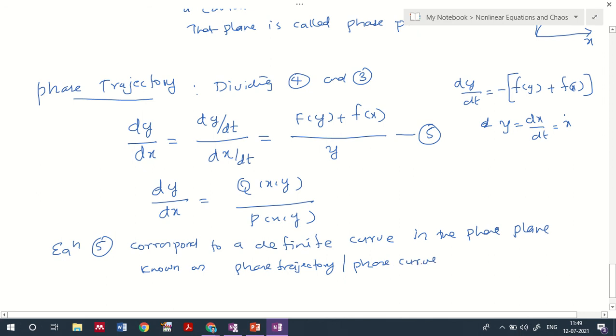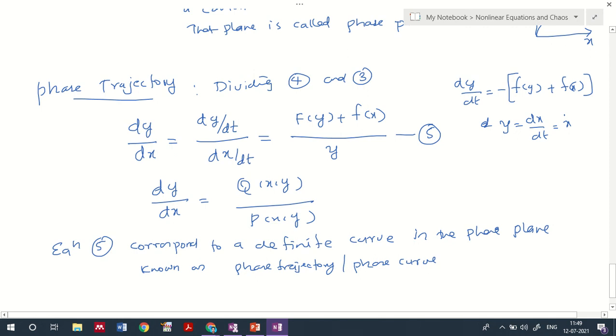It's that simple, nothing very complicated, because we need to address a nonlinear equation first. In that nonlinear equation, if you take f of y plus f of x divided by y, then you will get the corresponding dy by dx. And what is dy by dx? It gives you a phase curve corresponding to that.